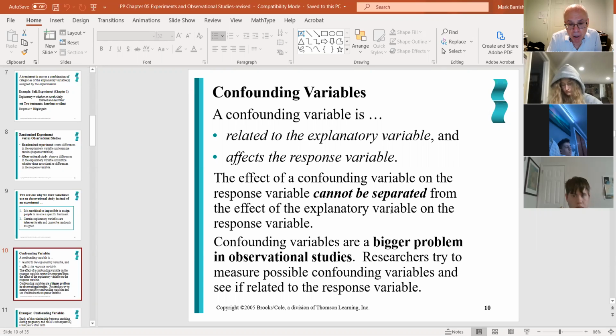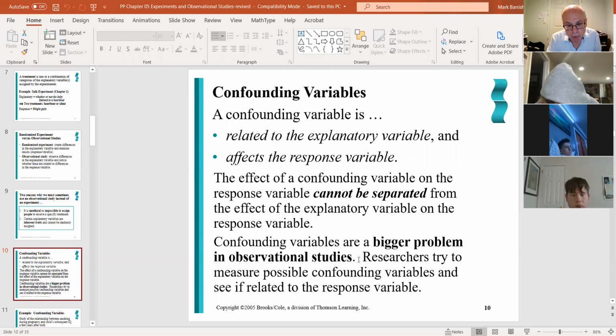Unfortunately, you're not able to tell whether it's because of the interior decorating that caused people to come in, or because of the mall. So the mall is a confounding variable there. You're not sure what's causing the increase in the number of people coming into the coffee shop. Confounding variables are a bigger problem in observational studies because you can't control for them.